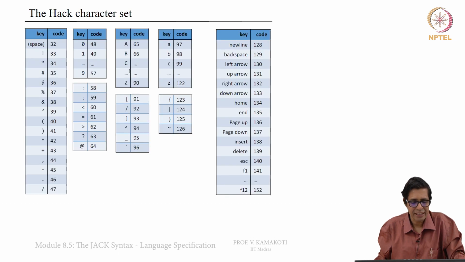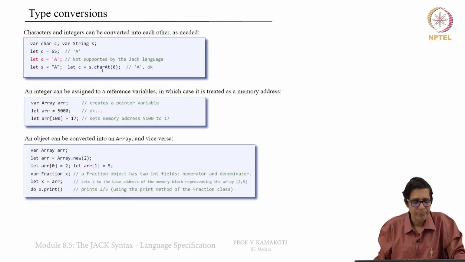If you go to s.charAt(0), at the 0th location capital A is stored, because s is a string, s of 0 will be A, s of 1 will be null. Let s equal to "A". Now, the charAt(0) is A. So, c equal to s essentially means this.